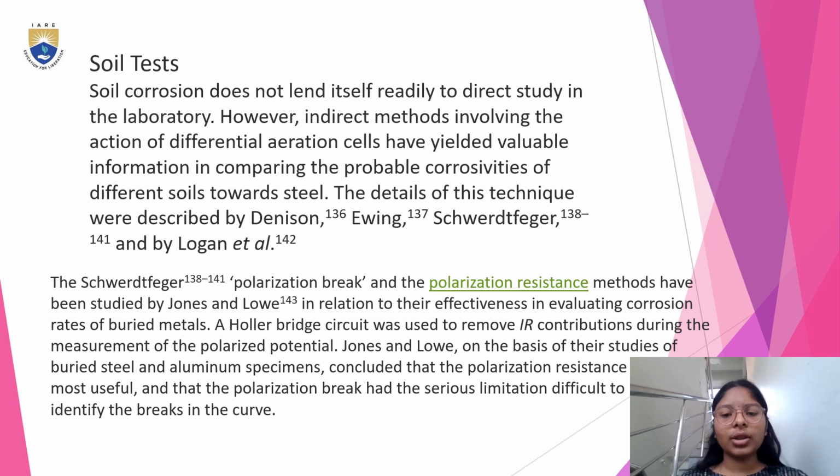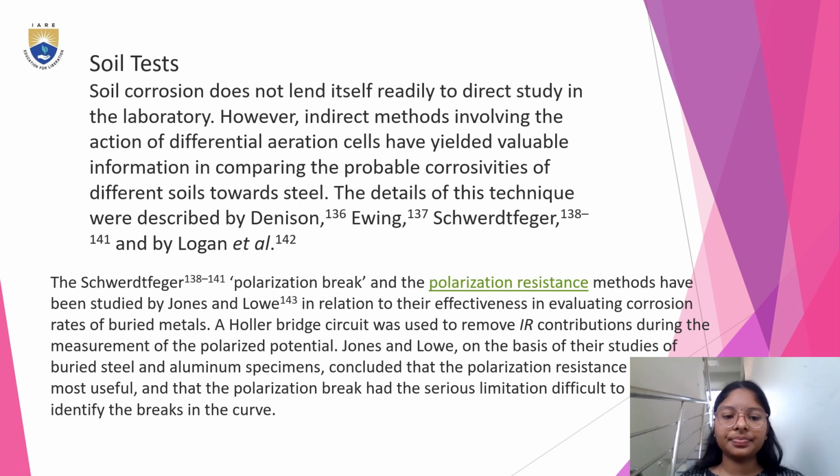Jones and Lowe, on the basis of their studies of buried steel and aluminum specimens, concluded that polarization resistance is most useful and that the polarization break had the serious limitation of being difficult to identify the breaks in the curve. These two scientists did experiments on polarization resistance. The period of 138 to 141 is called polarization break.